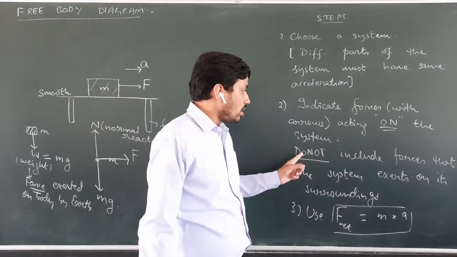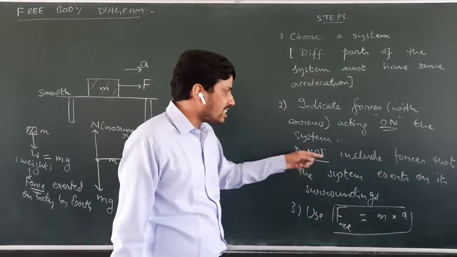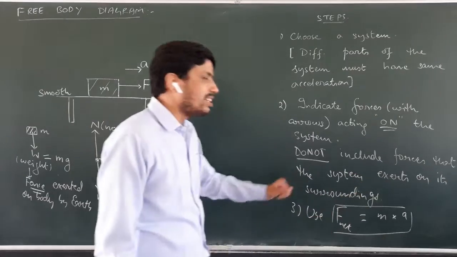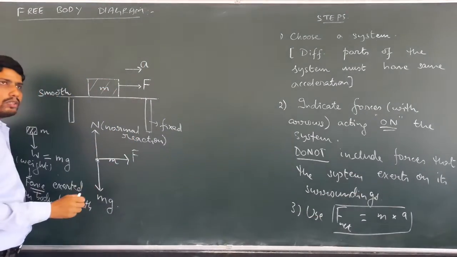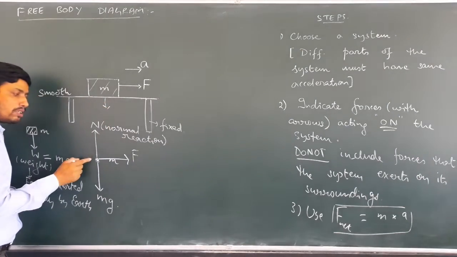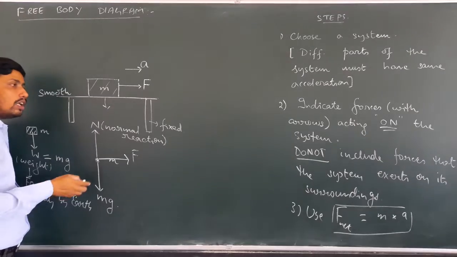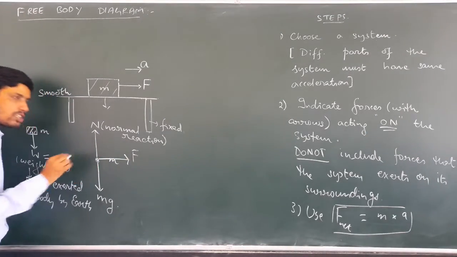That I have written here. Do not include in your diagram the forces that the system itself exerts on its surroundings. For example, this mass is pushing the table downward like this. This force should not be included in the diagram because we are drawing the free body diagram of the system.